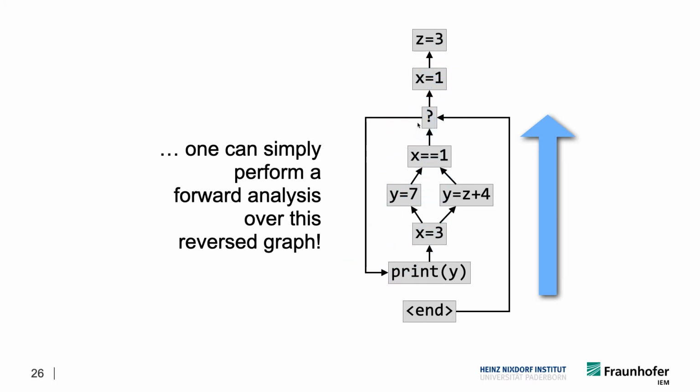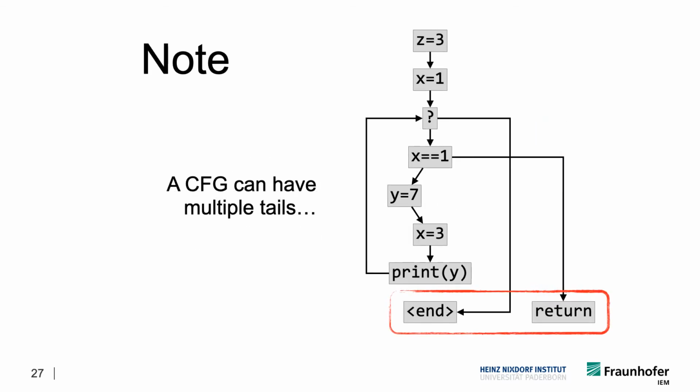And so it's basically a forward analysis just on the reversed control flow graph. What's interesting now is also from an implementation point of view in particular, in a regular procedure, you may have situations such as this, where within a loop, for instance, you have an early exit, right?